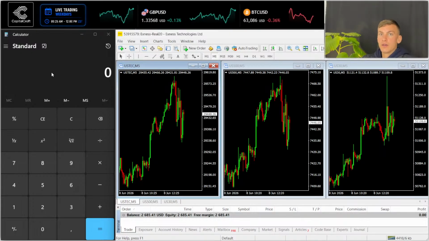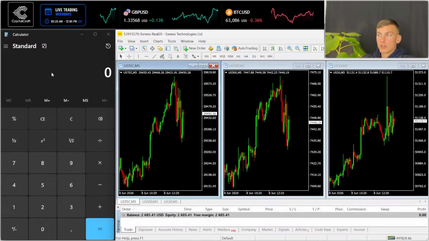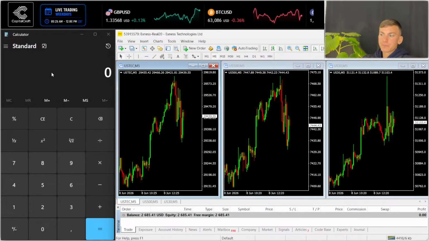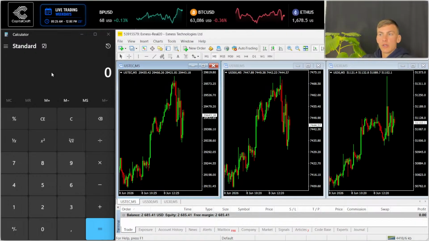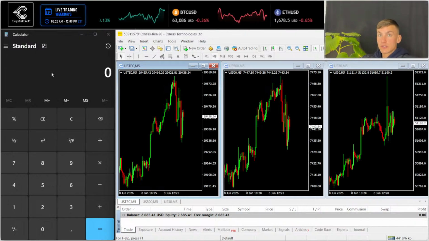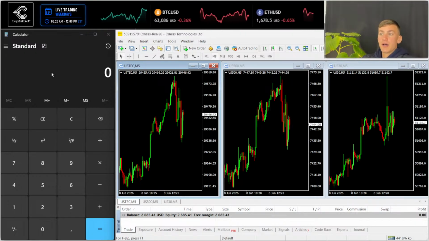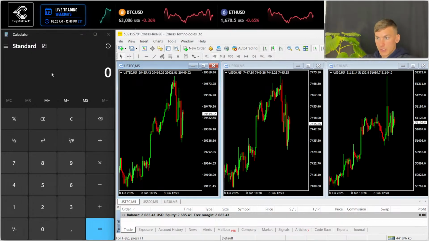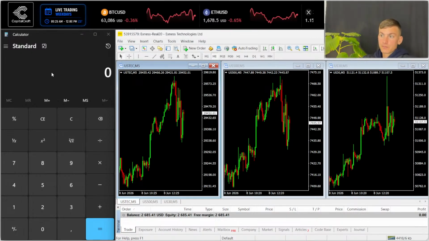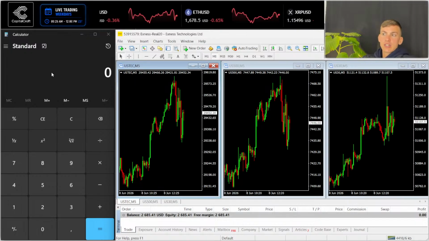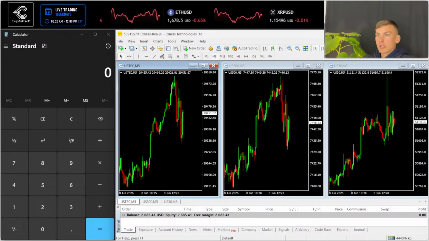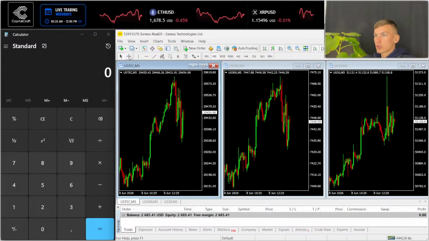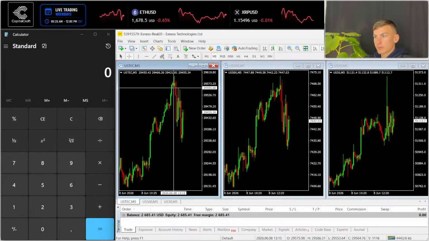Now, the formula to work out your lot or your contract is essentially the amount of money you are willing to risk in dollars, okay, divided by the distance between your entry and your stop loss, and then you times that by 100, okay? So let's say, for example, I was looking to go short on a specific order block.